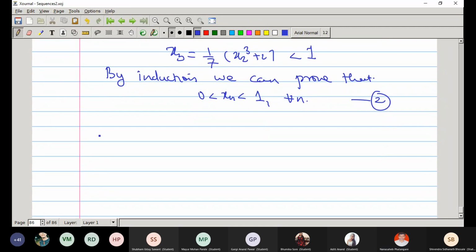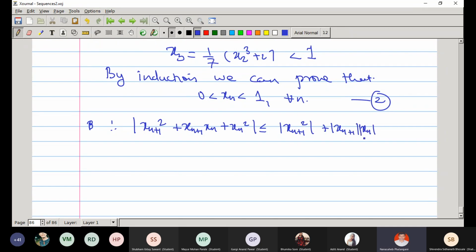So therefore the second bracket, x_{n+1} squared plus x_{n+1} xn plus xn squared, by the triangle inequality, is less than or equal to, since x_{n+1} is less than or equal to 1 and non-negative, so there is no need for the absolute value. x_{n+1} is less than or equal to 1, xn is less than or equal to 1.